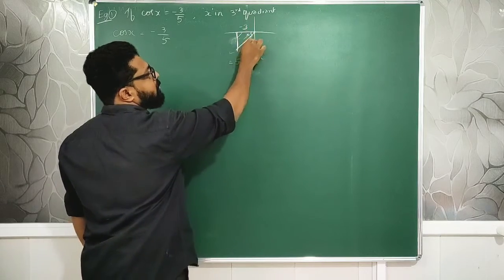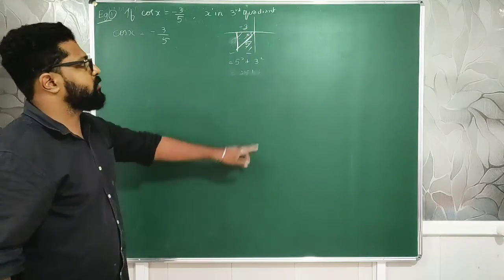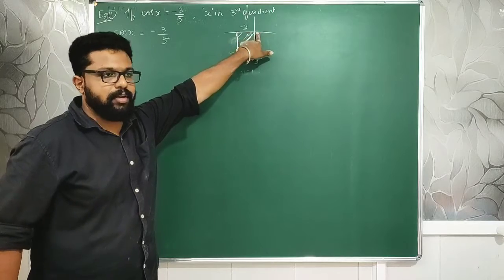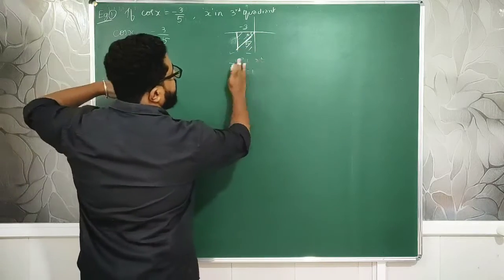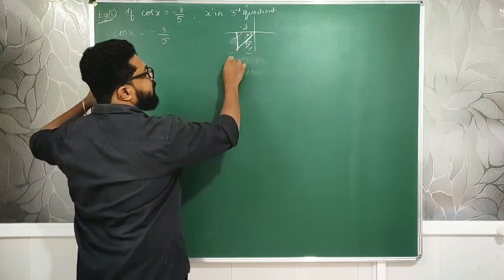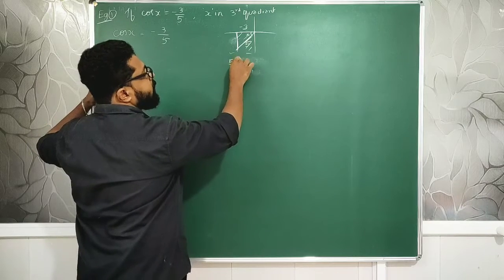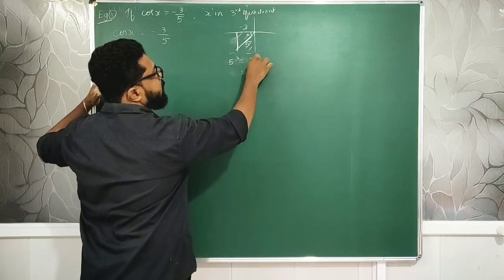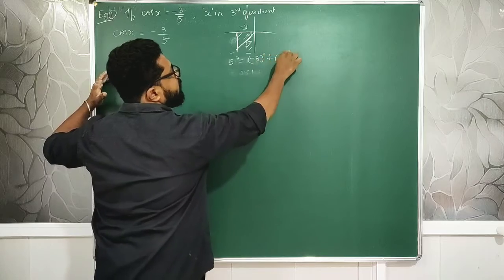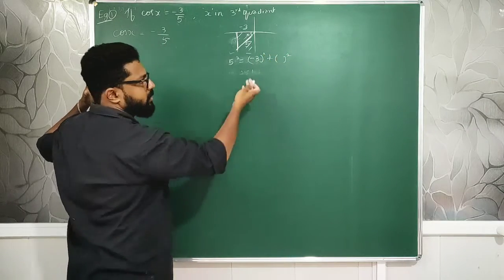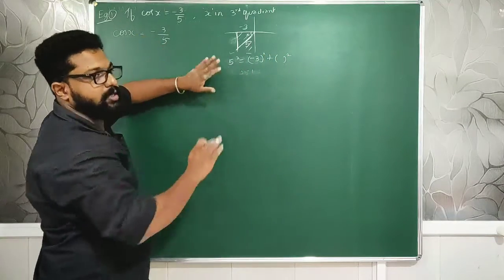Cos is nothing but the adjacent side by hypotenuse, and 5 is the hypotenuse given to you. So 5 square is equal to minus 3 square plus that unknown side square. I don't take it as x, so you don't confuse yourself.